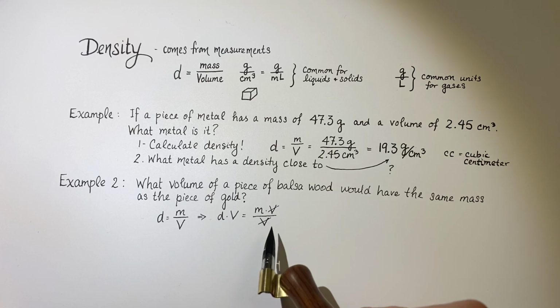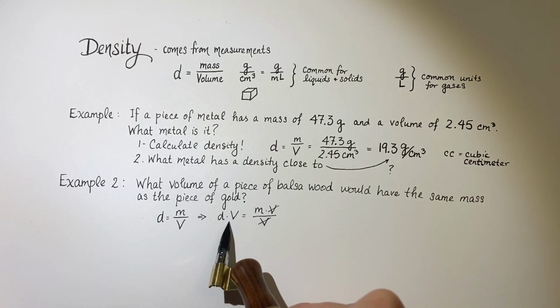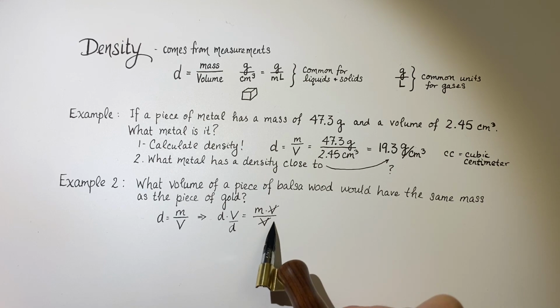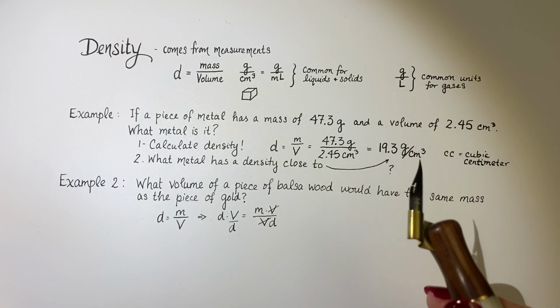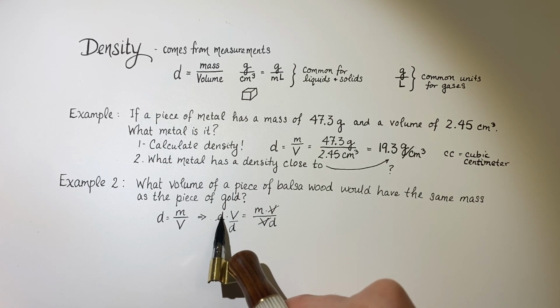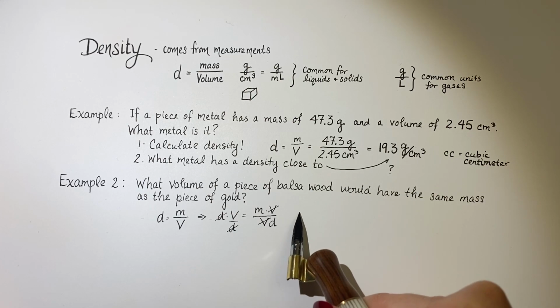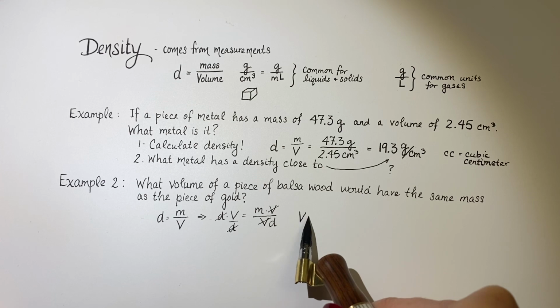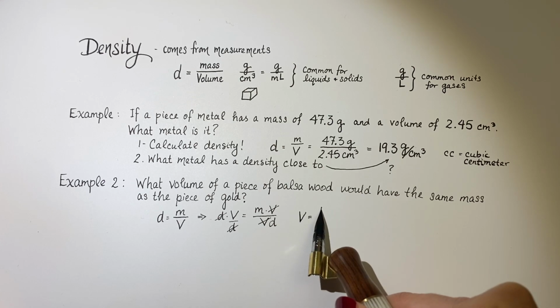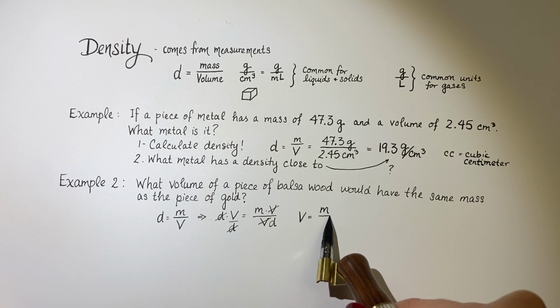And then we can divide both sides by density. That allows us to cancel density on this side. Okay, so now we've got a way to calculate volume by taking the mass, dividing by the density.